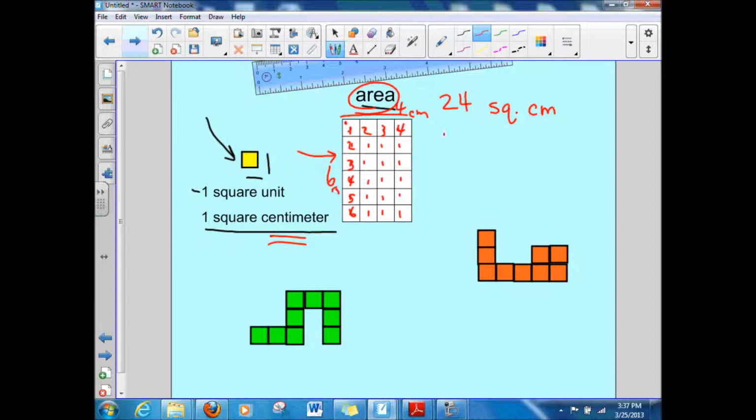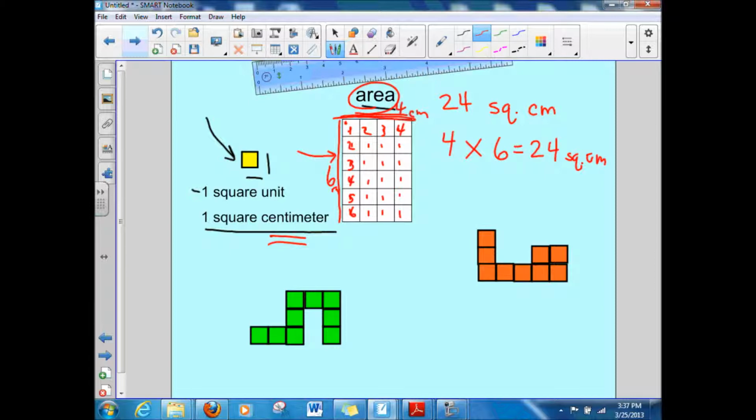And I wonder, is there something that I can do with multiplication that has something to do with 4? Well, sure. 4 times 6 is 24. That's one way to figure out the area of a rectangle, is to multiply the number across by the number down here.